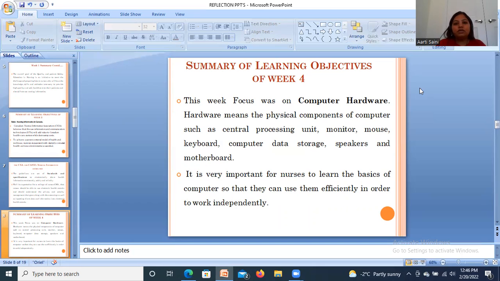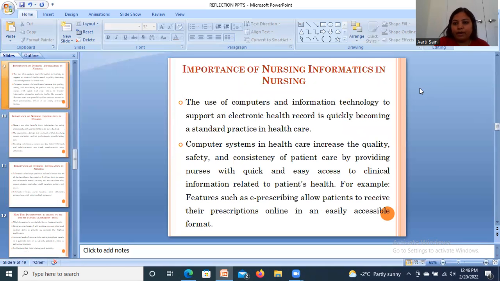So these are examples of the physical parts of the computer. It is very important for all the nurses to learn the basics of the computer so that they can use them efficiently in order to work independently.